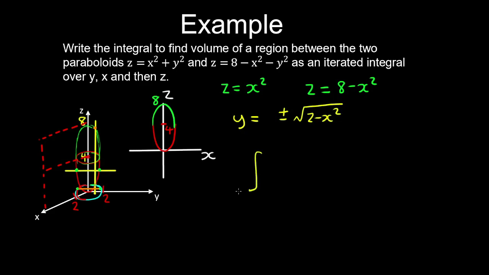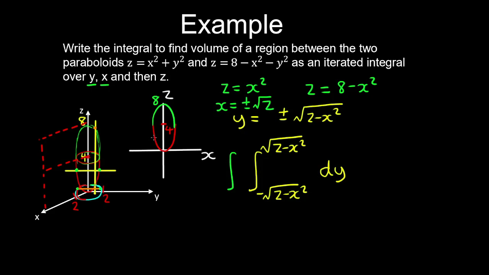So our first integral is from minus the square root of z minus x squared to the square root of z minus x squared with respect to y. So that's the integral over y, and then we integrate over x. So from this equation, we get x is plus or minus root z.